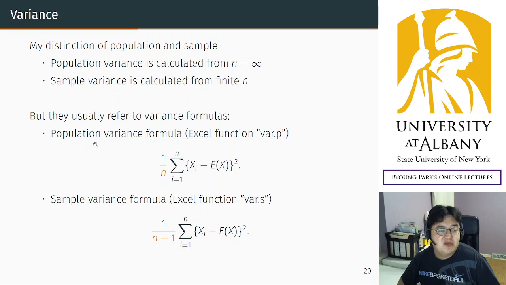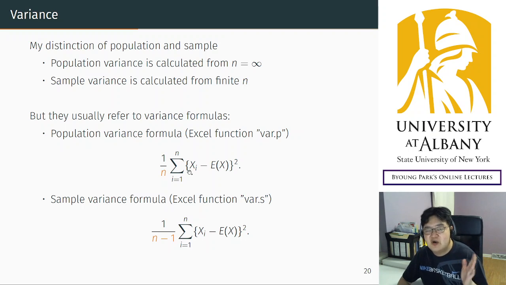So the population variance formula takes this form. Remember, this is the square deviation. You add all square deviations through all the observations and then divide by the sample size, so this part is taking the average. So take the average of square deviations.